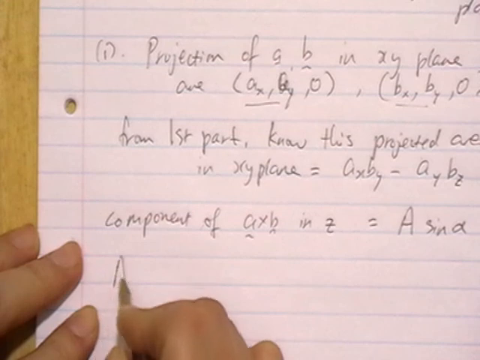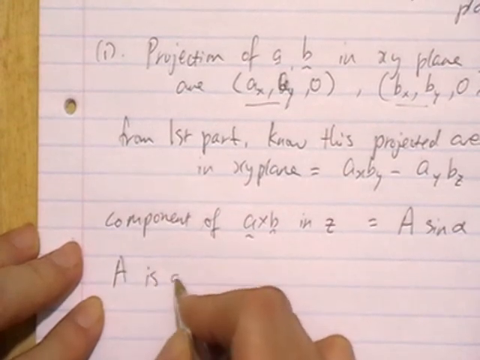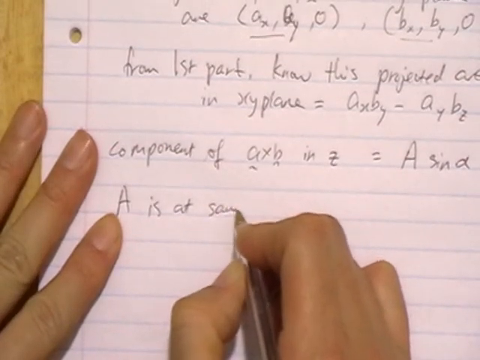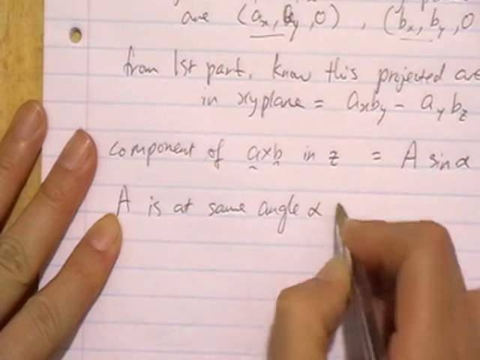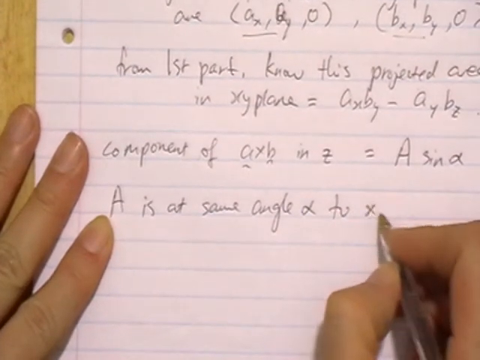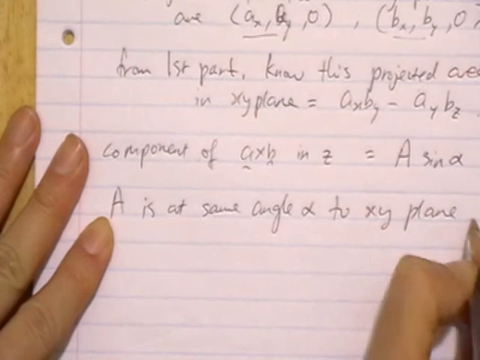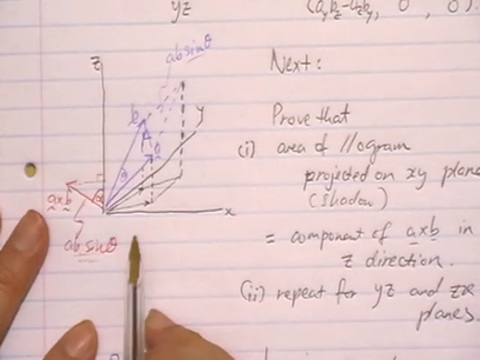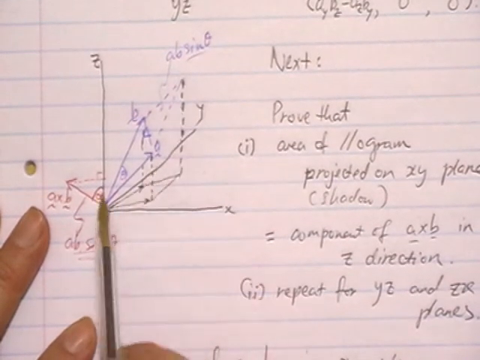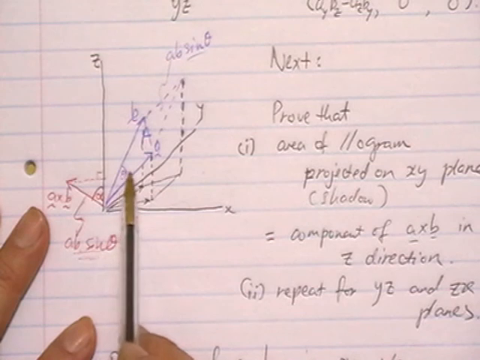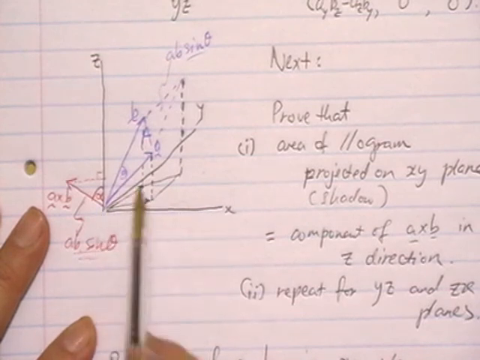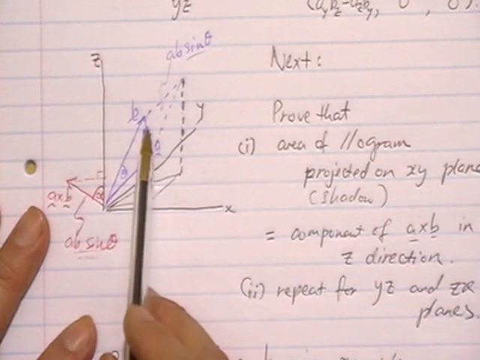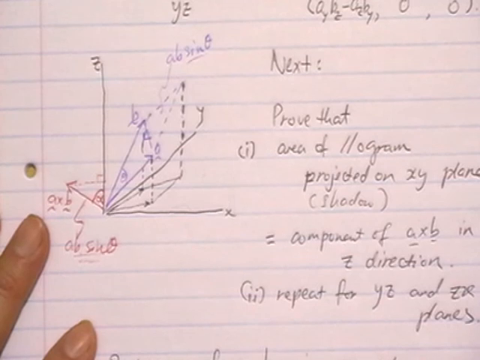Okay, so from this visualization, you see that the parallelogram is at the same angle alpha to the xy plane. And because this parallelogram is at the angle alpha to the xy plane, it means that the area projected onto the xy plane must be equal to A times cosine alpha.